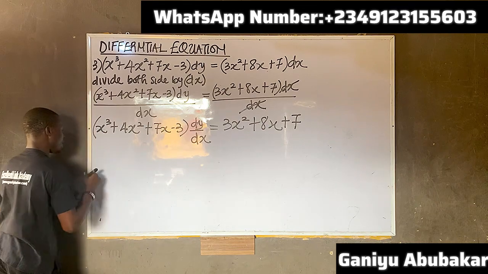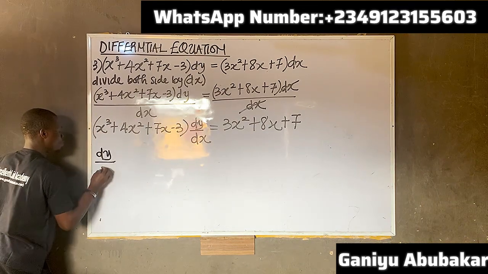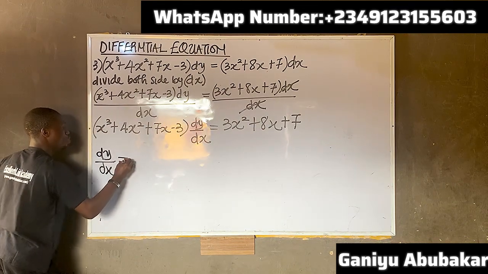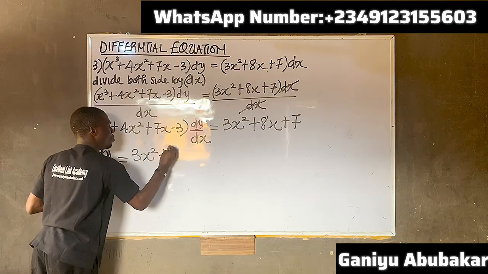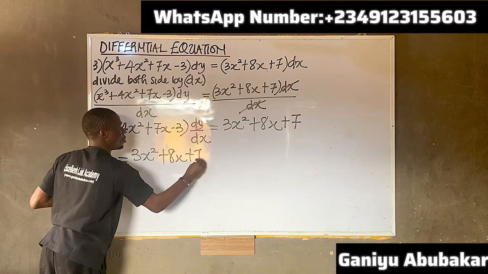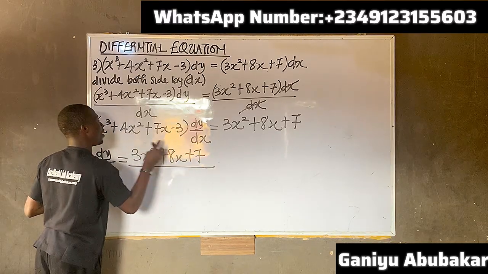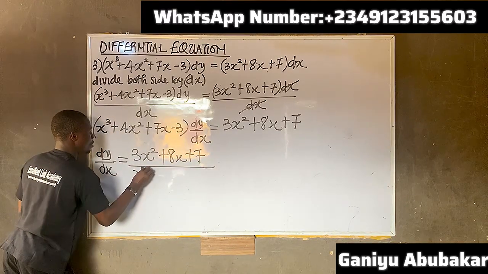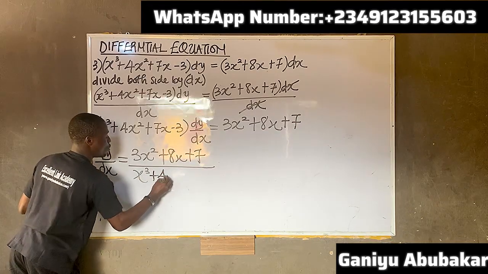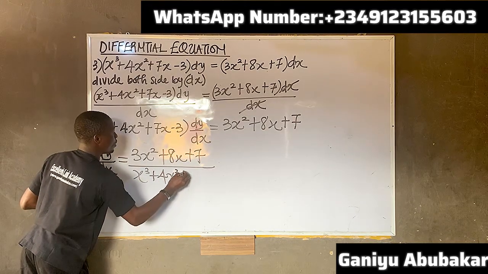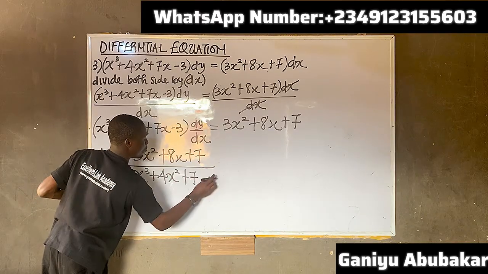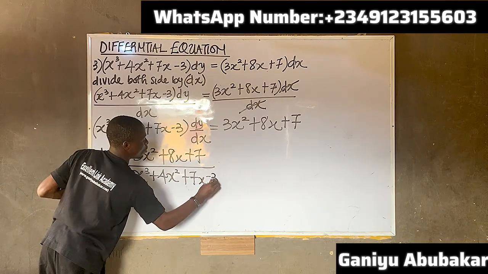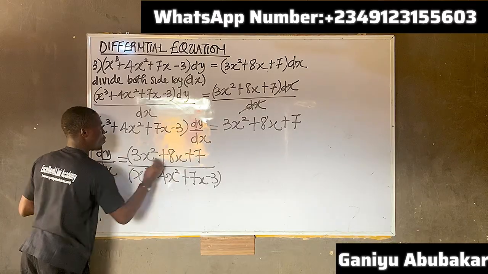So I'll have dy over dx equal to 3x squared plus 8x plus 7 all over x cubed plus 4x squared plus 7x minus 3. So this is what I have here.